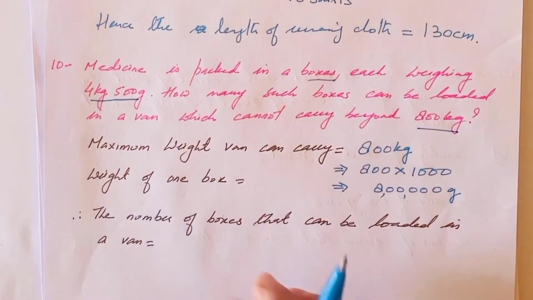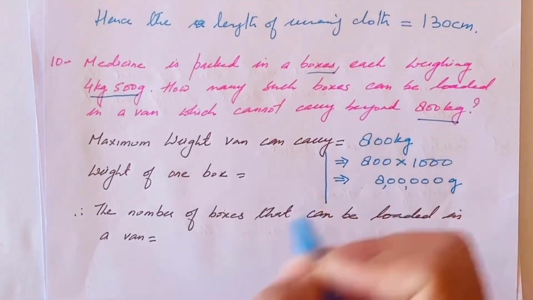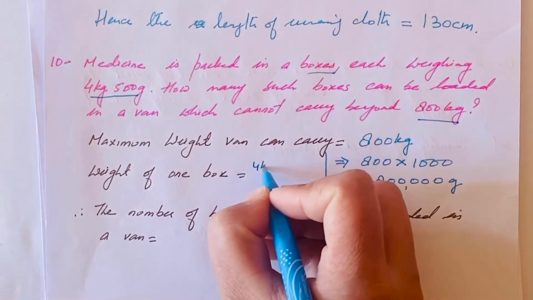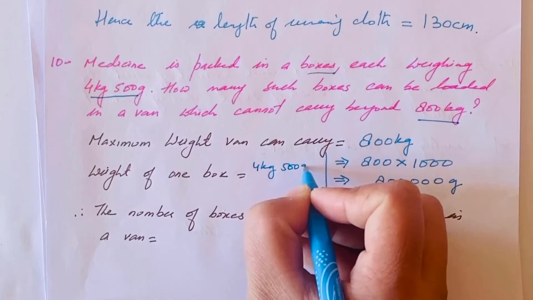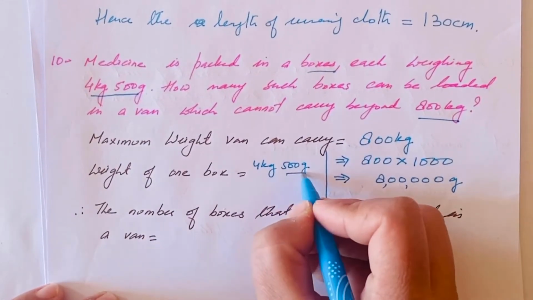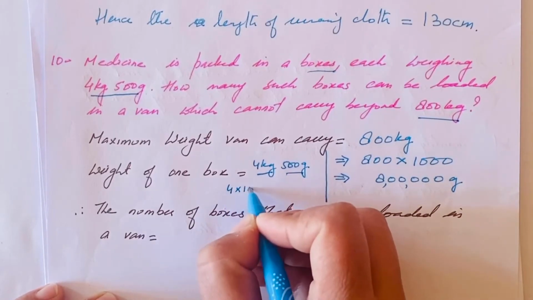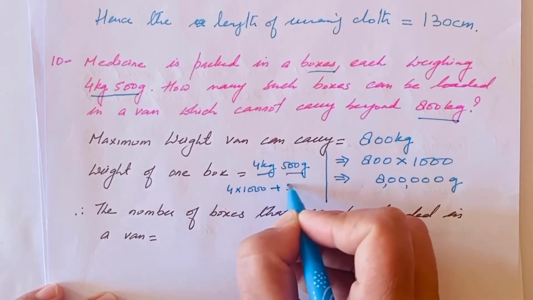Next, the weight of one box equals 4 kg 500 gram. When converting it into gram, the 500 is already in gram. We just need to convert 4: 4 into 1000 plus 500.